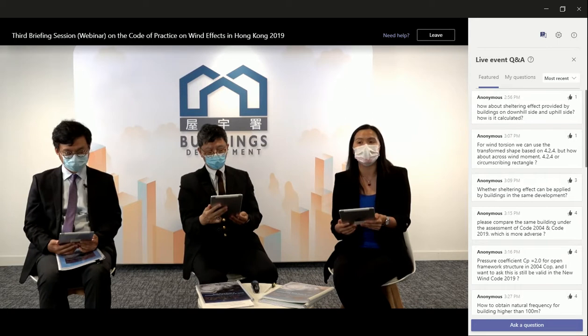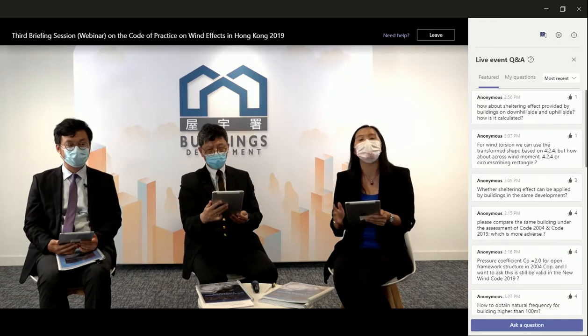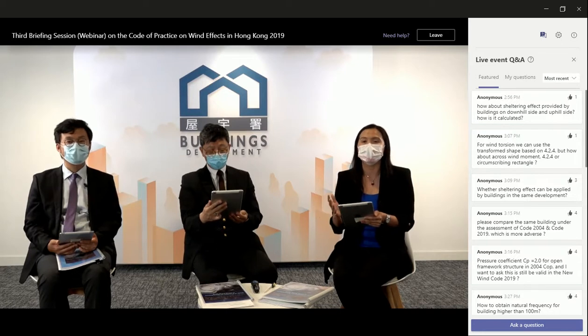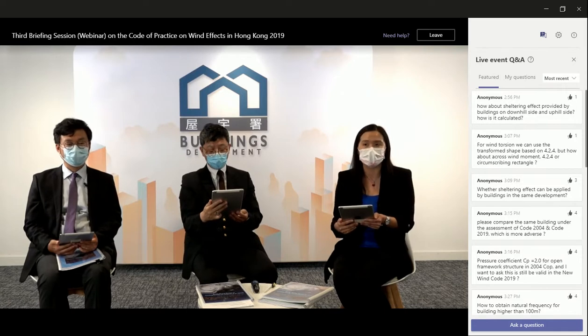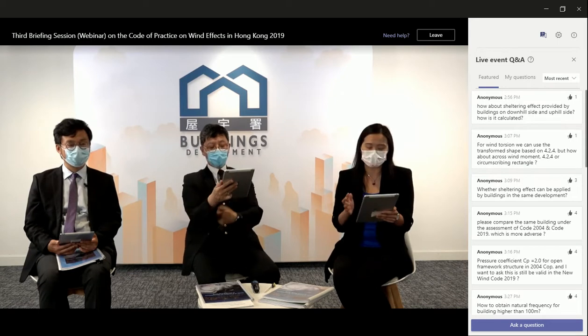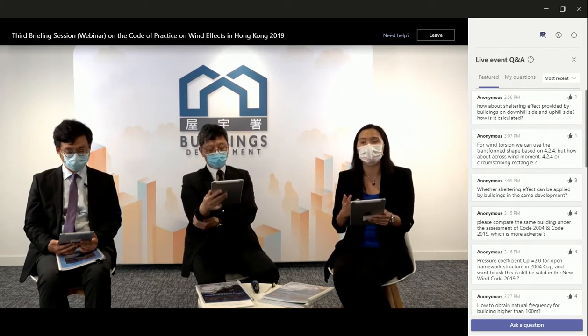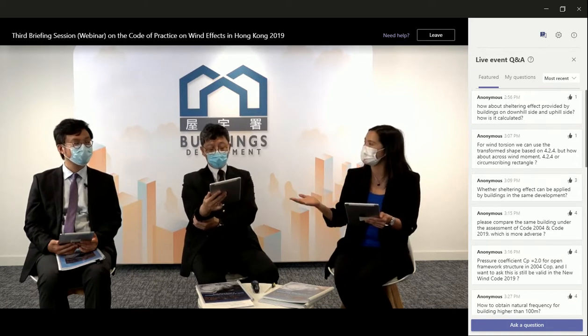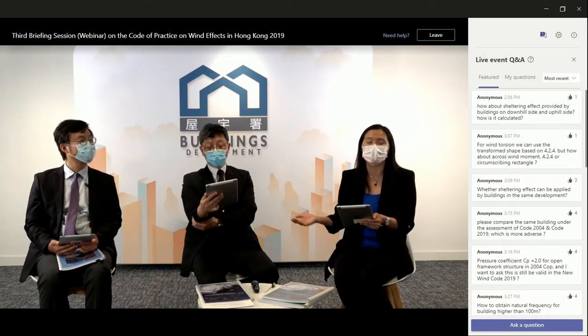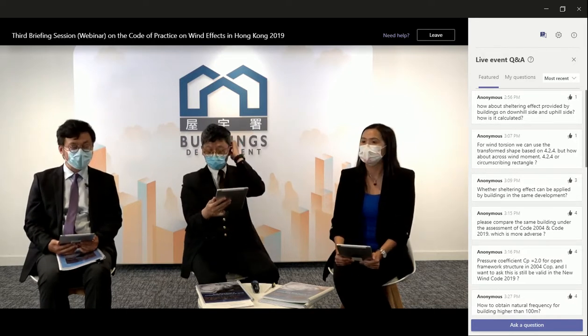But we confine this question to a scenario where the building behaves aerodynamically as one building, but due to the structural design, or maybe due to some big voids within the building, designers can't use a rigid diaphragm for the wind loading design. In that case, they need to use the split diaphragm. And then the question is how to calculate the wind load to simulate the torsional moment in this case. So may I invite Lepton to answer first? And then we'll see if Alexis has any supplement.